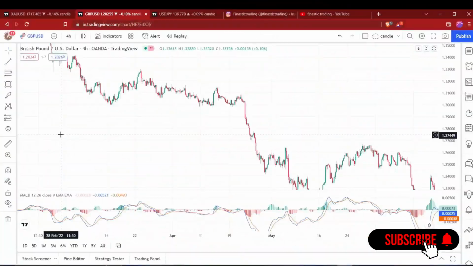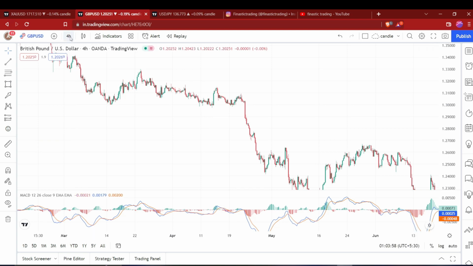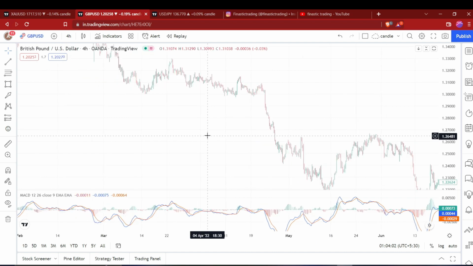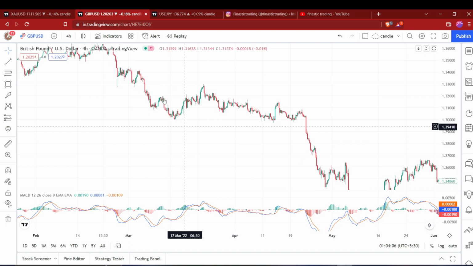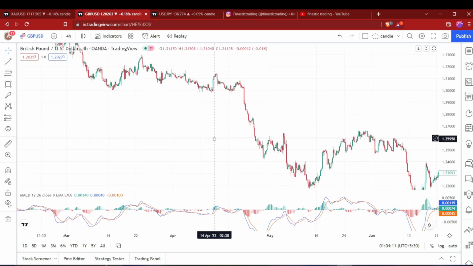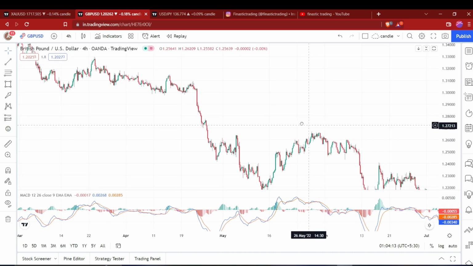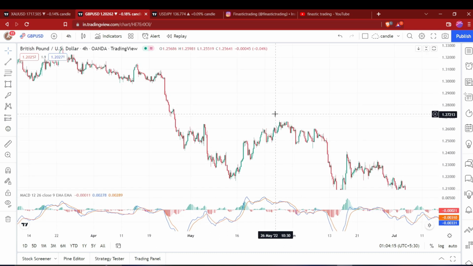So for the advanced traders, first step is to select the time frame. So here I have selected 4 hours time frame. Second thing we need to do is find a key level. Now what price action says over here, the market is forming lower lows and lower highs. So this is a downtrend. So I will be looking for selling opportunities.